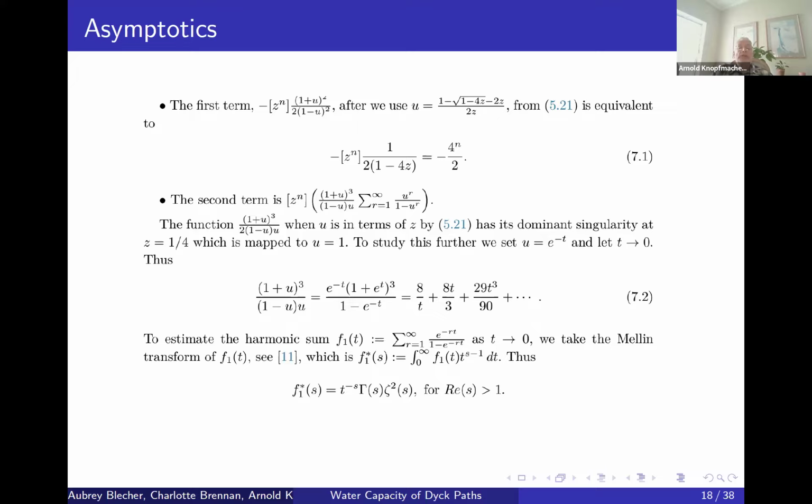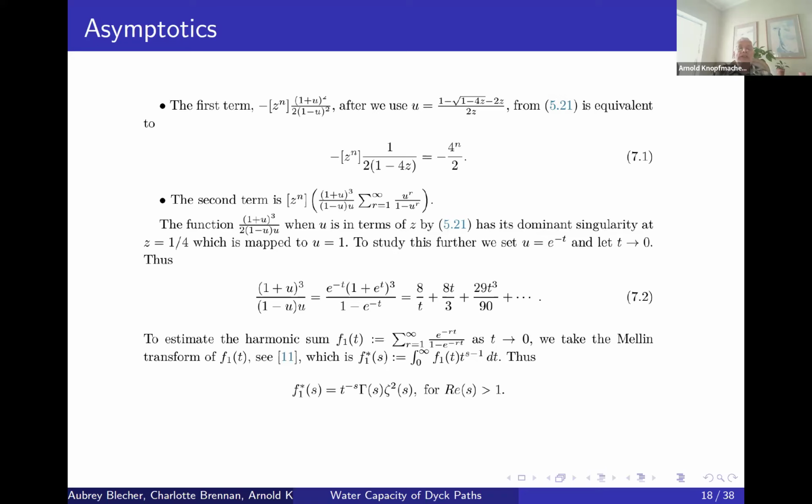Okay, so some more substitutions come to the rescue. We set u equal to e to the minus t, and since we want u to tend to 1, it's enough to say let t tend to 0, because then obviously e to the minus t will tend to 1.